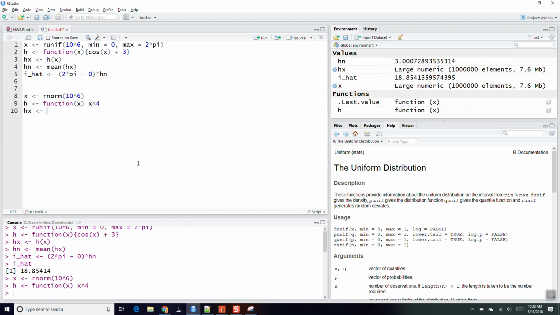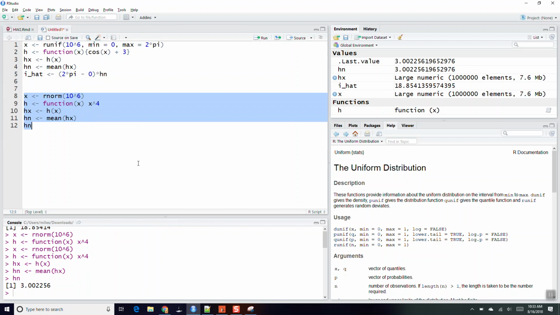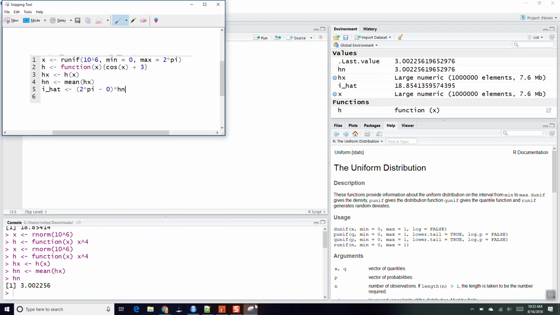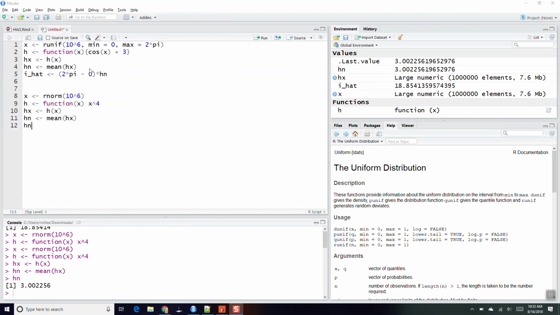And then hx will be h of x, and hn will be the mean of hx. Okay, and let's just see what hn is. Okay, and we get something around 3. And that's that. No big deal.